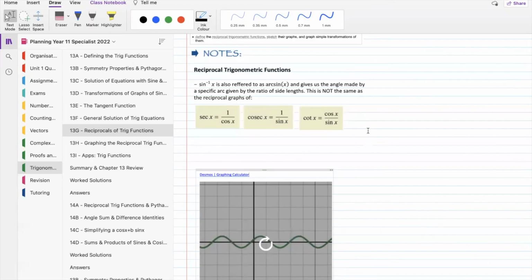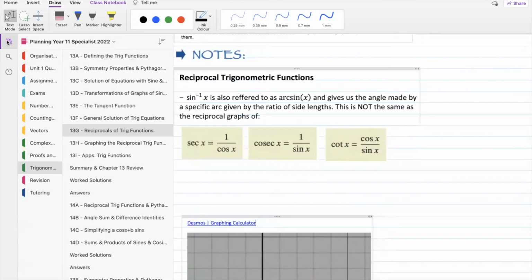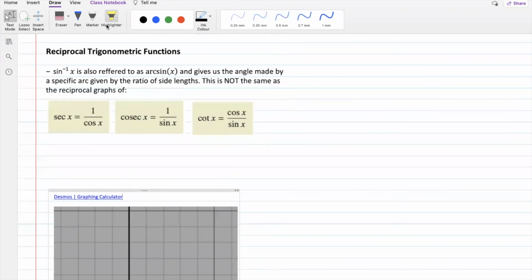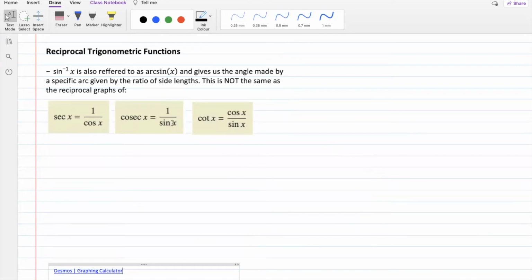So these graphs are so special that we give them their own names. I call the graph of 1 over cos sec. 1 over sine is called cosec, and cos over sine is called cot. I already explained cosec. There are a lot of different names here, and part of the trouble that some students have is understanding which means which.